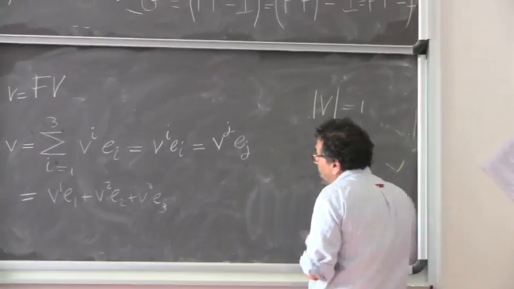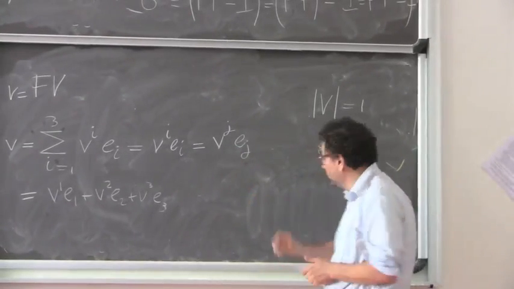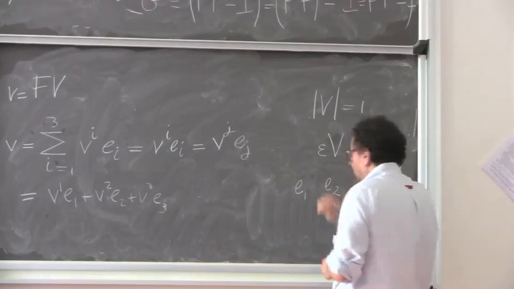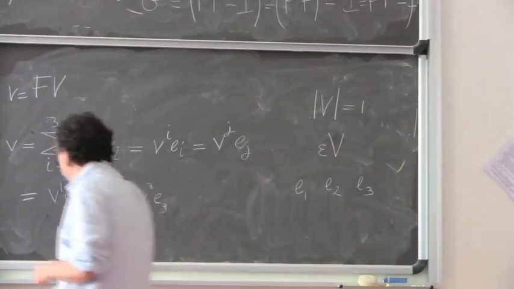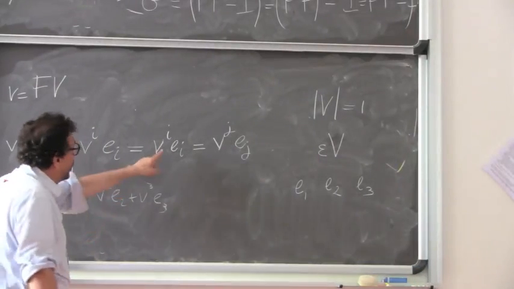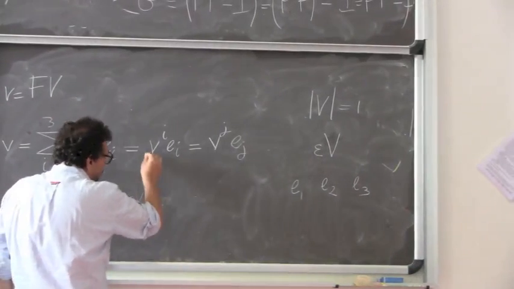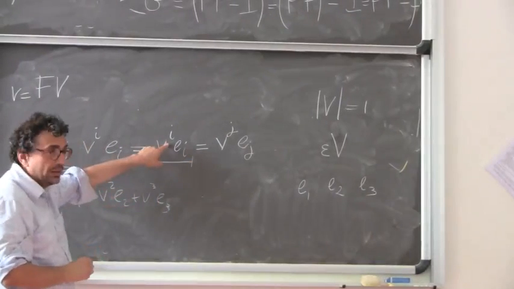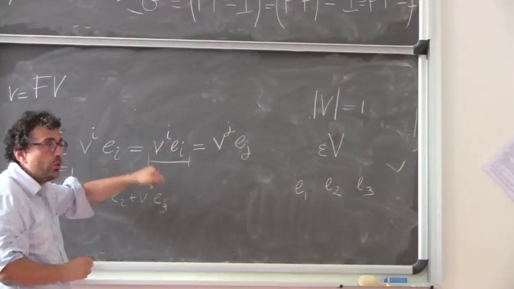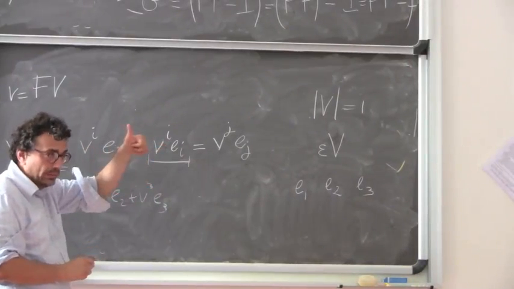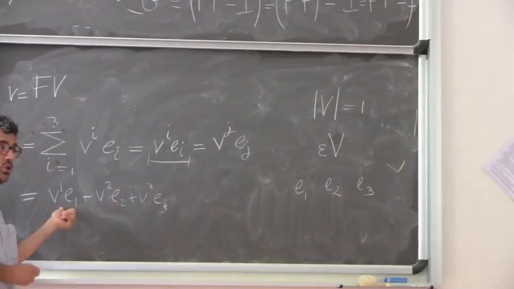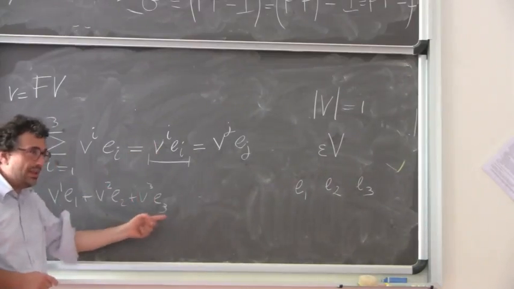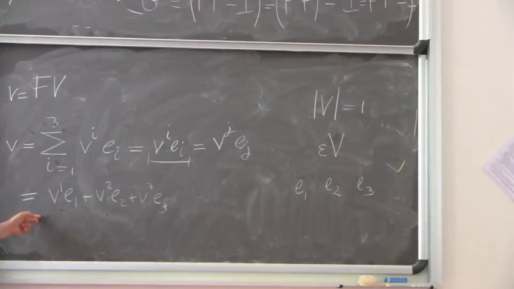Now, this formula tells you that once you have chosen the basis, so if you have chosen e1, e2, and e3, maybe it is worth telling this again. This formula means choose for i 1, choose for i 2, choose for i 3, and then sum this product.